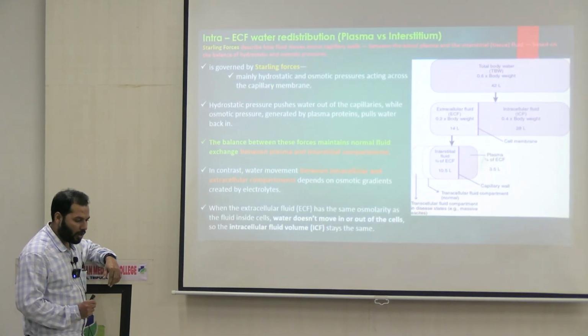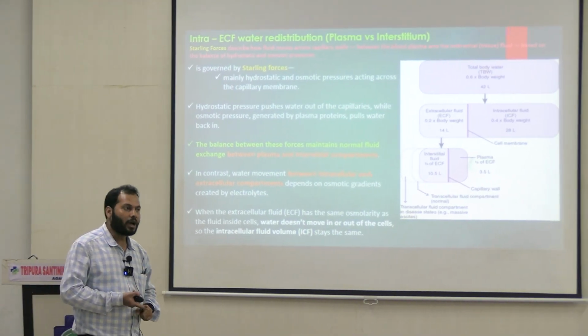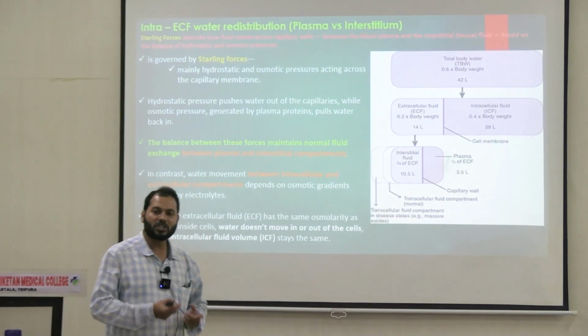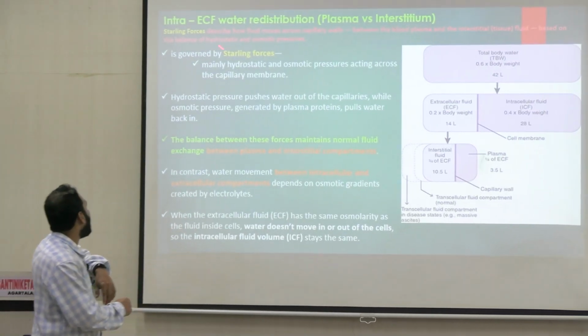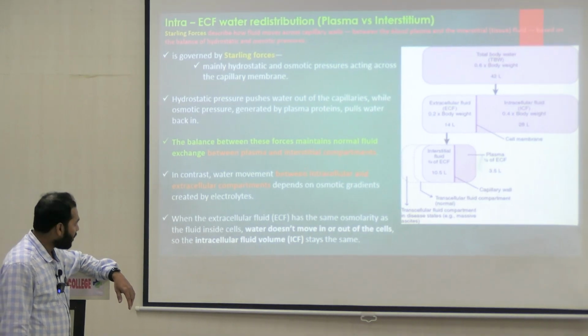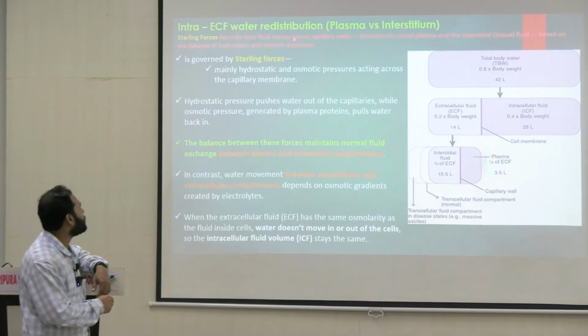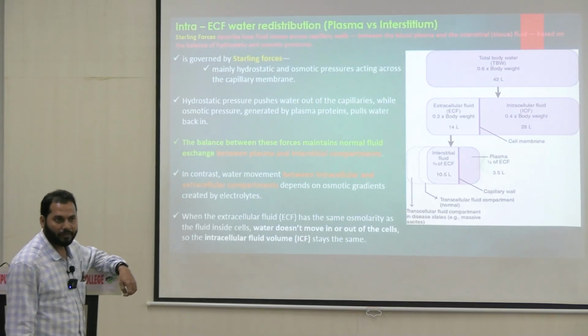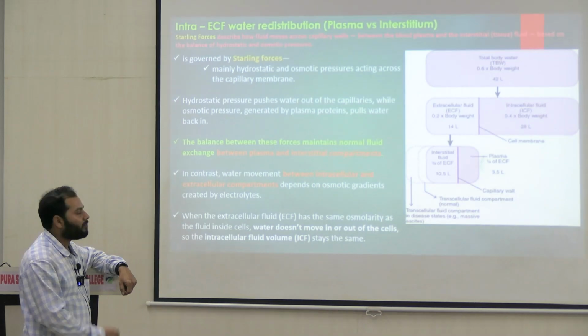So what are the most important features of the Starling force? Two different pressures help to maintain the fluid balance between intracellular and extracellular fluid compartments. One force is called hydrostatic force, another one is osmotic force. See, Starling force describes how fluid moves across the capillary wall between the blood plasma and the interstitial fluid.